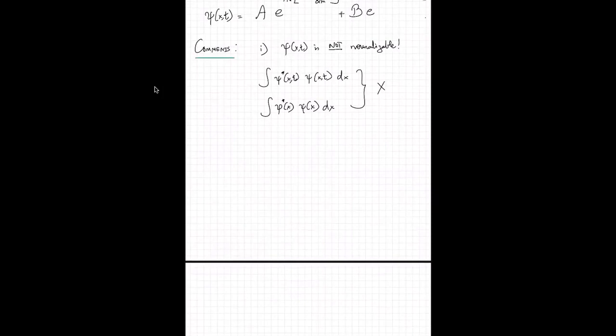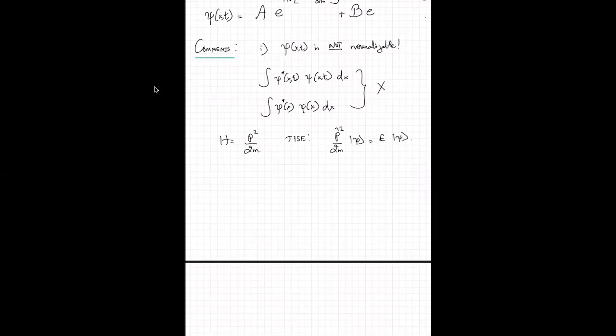This itself should not be surprising to you because we have already discussed that the eigenfunctions of the momentum operator are not normalizable, right? So what does this mean? This means that H in this case is just p squared over 2m. So the time independent Schrodinger equation is basically p squared over 2m psi equals E psi. And psi is an eigenfunction of p squared, which means psi is also an eigenfunction of p.